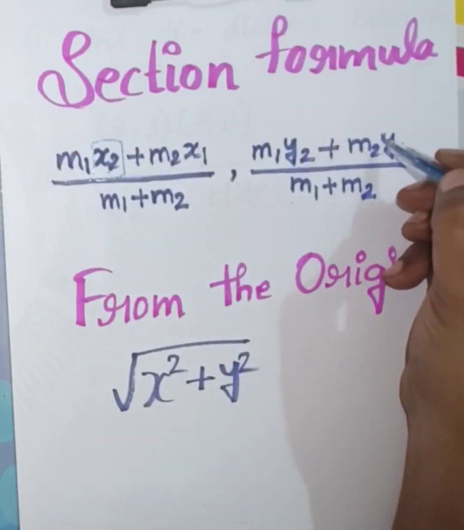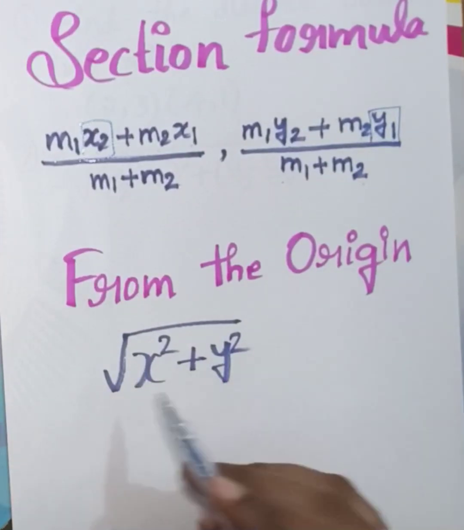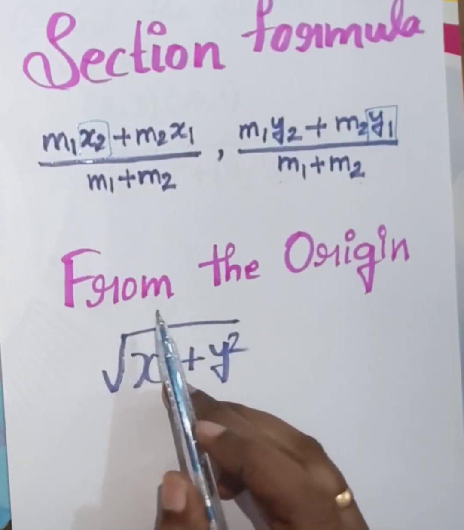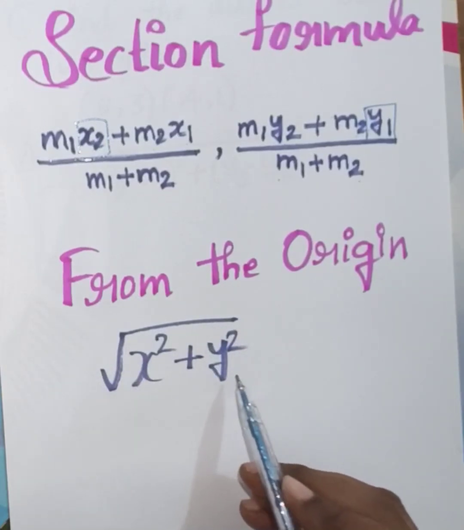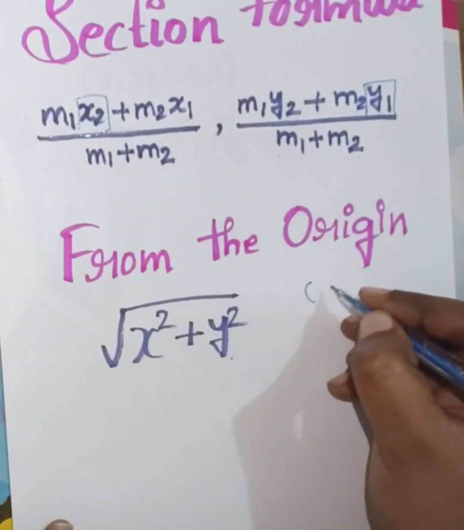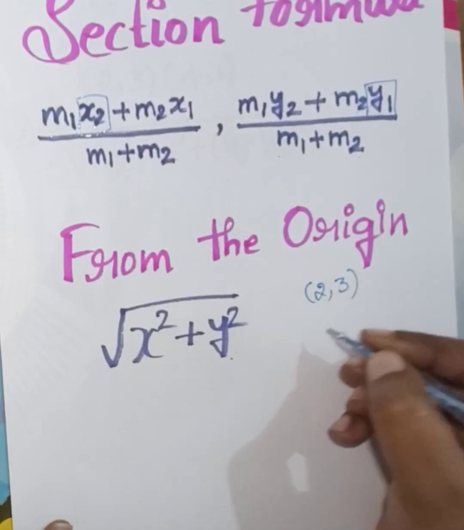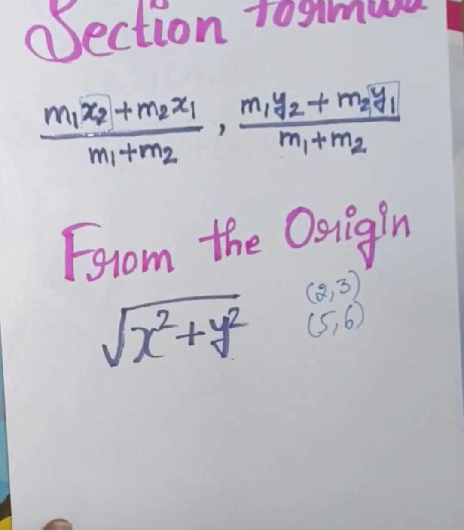Only these you have to remember. Next, the distance from the origin: square root of x square plus y square. From the origin means any two numbers they'll give, like 2, 3 or 5, 6. We'll solve sums like this now.